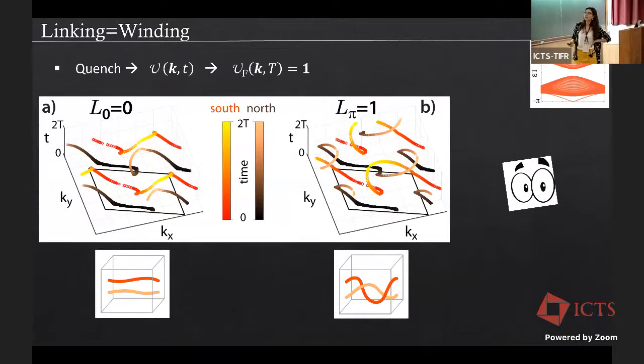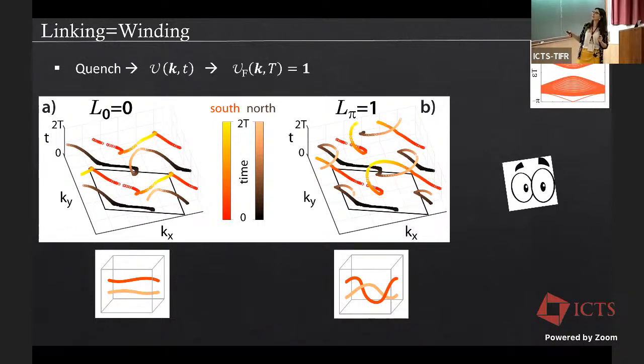And then starting from a completely trivial state, we quench with a non-trivial Euler Hamiltonian to validate this analytical formula that we also derived. Then we checked how the evolution happens on the Bloch sphere, and we take inverse images of the south and north poles. So this has been done for this phase.